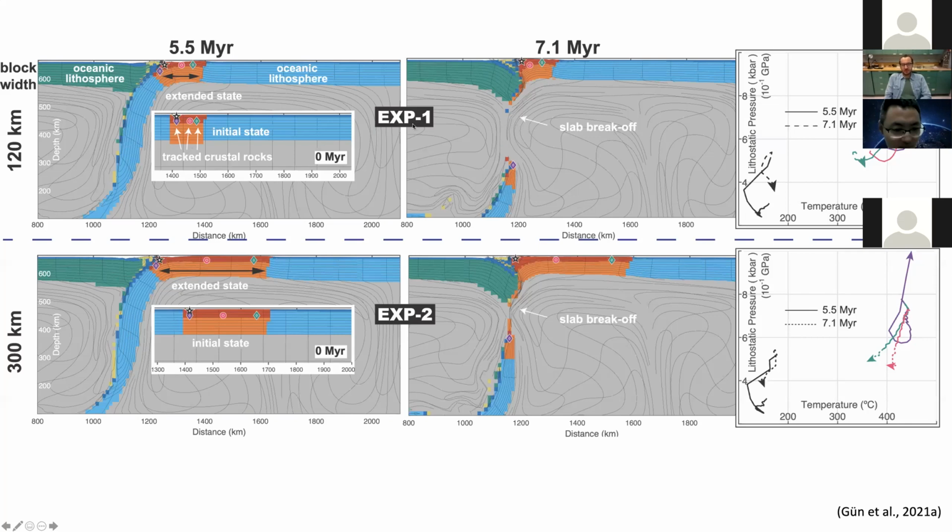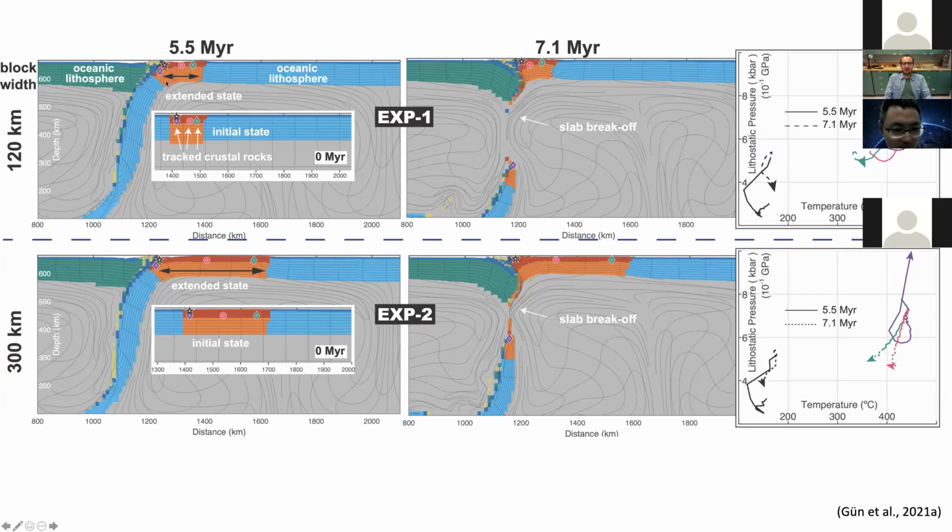So, to investigate what kind of deformation styles were happening prior to the collision, we decided to track some rocks from lower crust levels and draw their pressure, temperature, time graphs on the right side. So this is actually going to give us a test about deformation style.